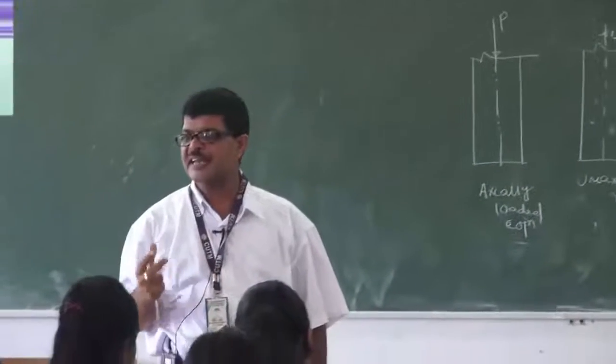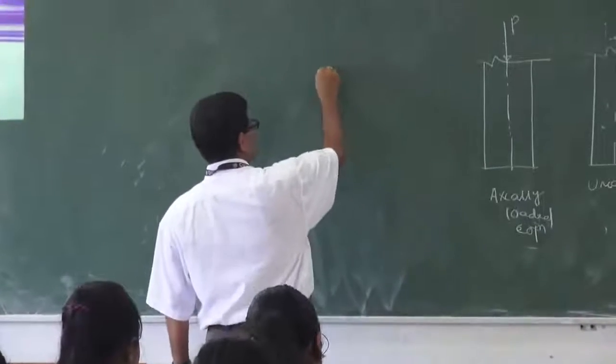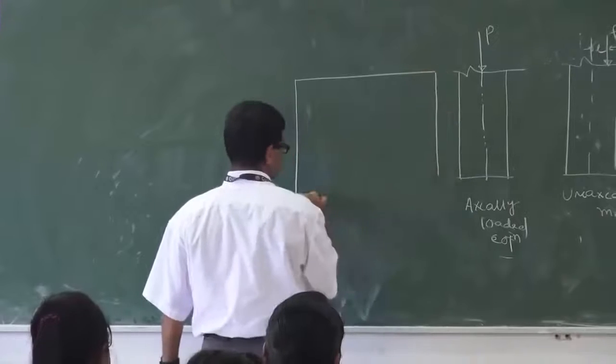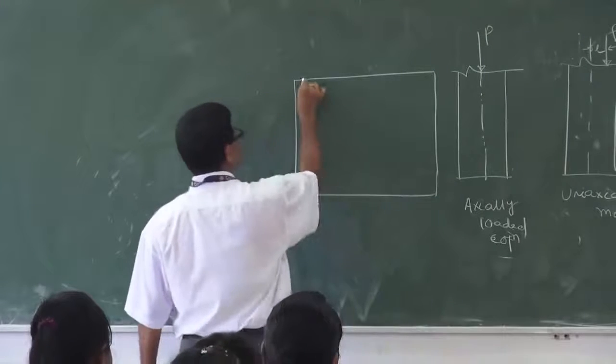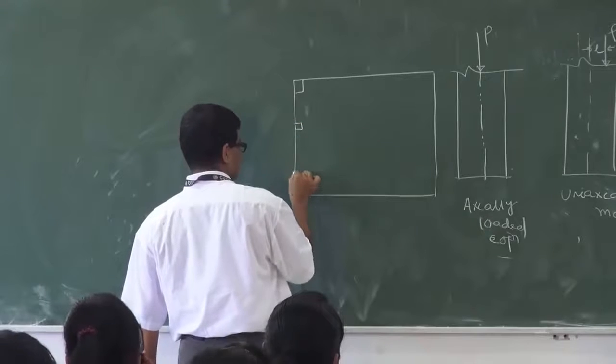Sometimes you will also find biaxial moment. Biaxial moment will come in the case of, suppose this is a building and you have a number of columns here. You have a column here, a column here, a column here.